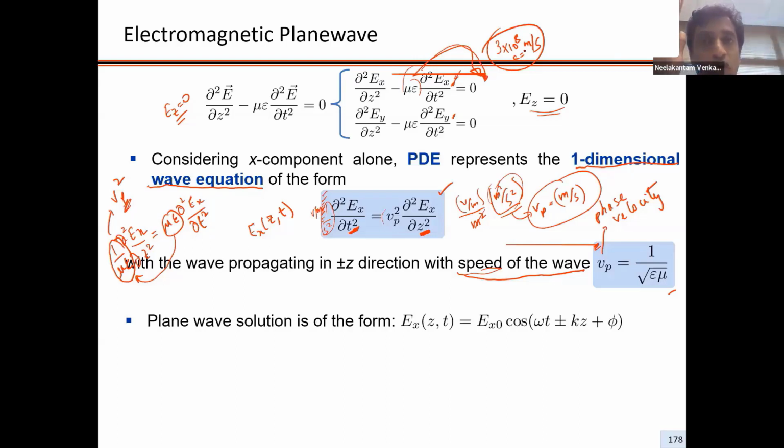The people who are doing optics were finding out the velocity of light. Maxwell's theory tells you that the speed is 3 into 10 power 8. The optics guys, when they measure the speed, it is also 3 into 10 power 8 meters per second. It's amazing, it cannot be a coincidence. So then people investigated and said that, yes, light is indeed an electromagnetic wave.